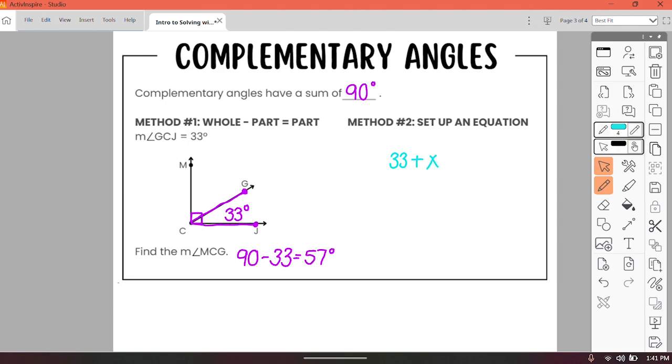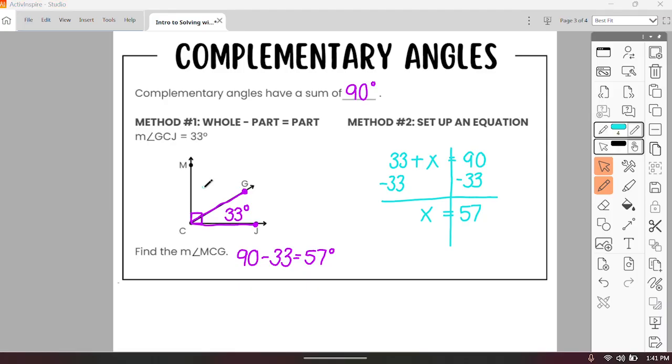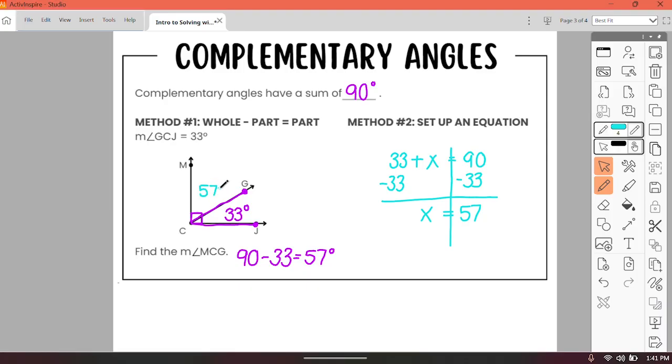So I'm going to put an X there, like I don't know what it is. And together, those two angles have to equal 90 degrees. So I'm going to solve this little one-step equation by subtracting 33 on both sides. I get X equals 57, and I can confirm, yes, this angle equals 57 degrees.